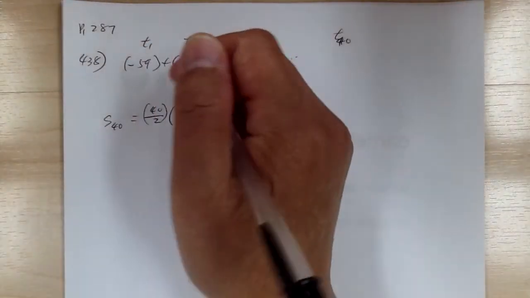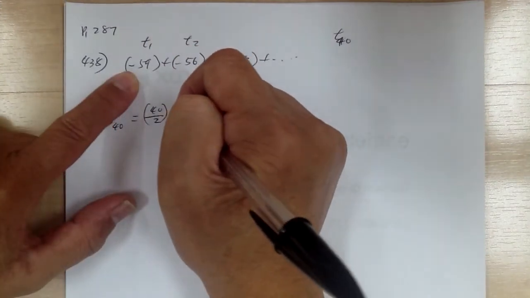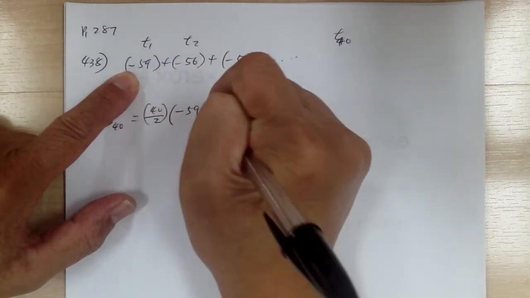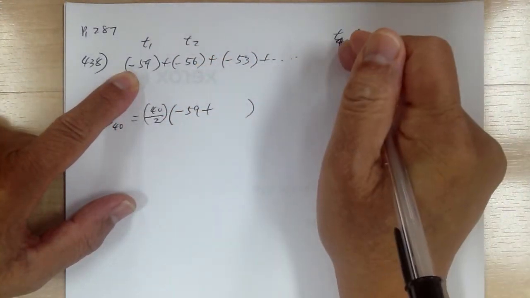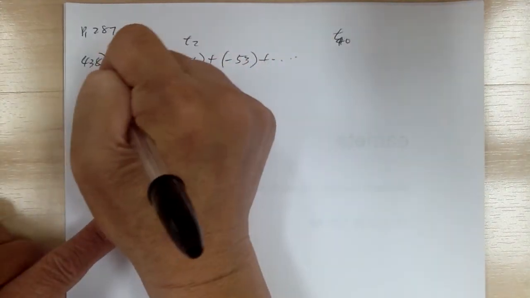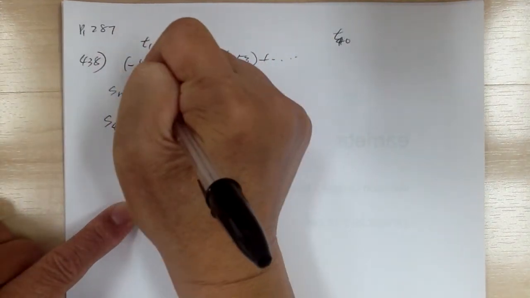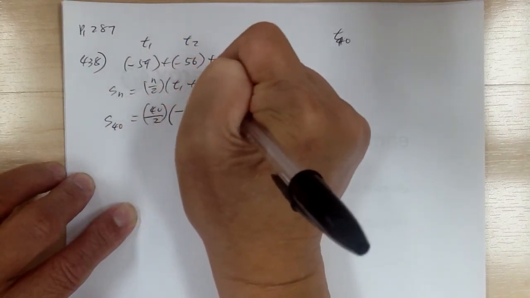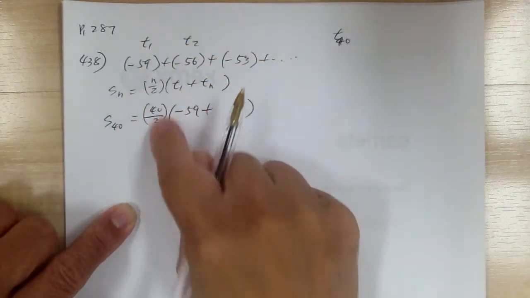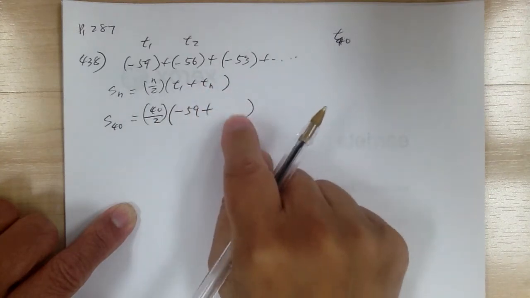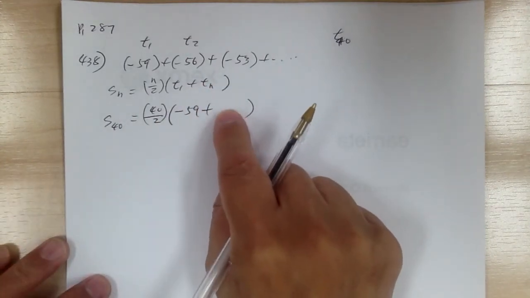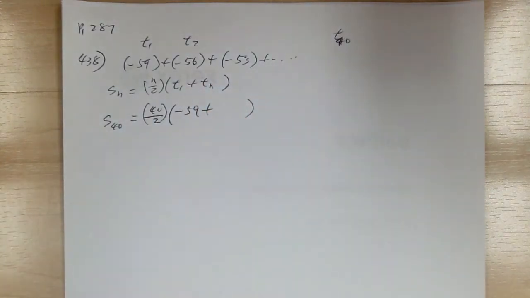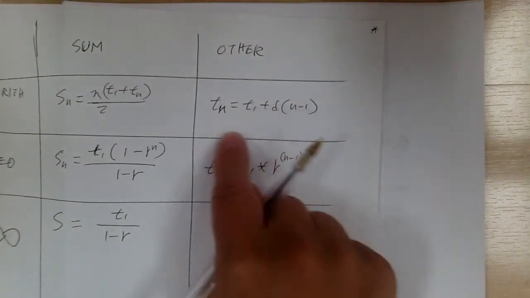So you get T1, negative 59, plus T of 40, which you don't know. The formula is S of n equal to n over 2 times T1 plus T of n. So now we have this missing, so we leave a blank for now, and we're going to use the other formula to find it.